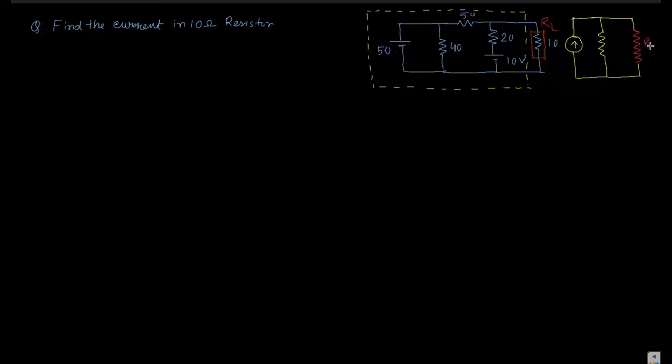This dotted portion should be replaced by this current source and the equivalent resistance, called Norton's equivalent resistance, which is connected in parallel with the current source.